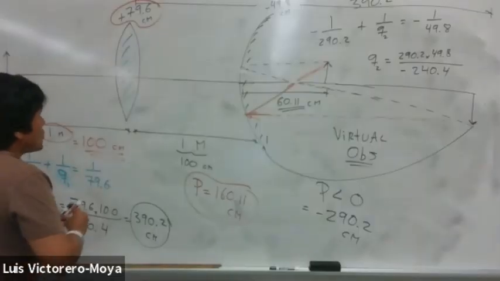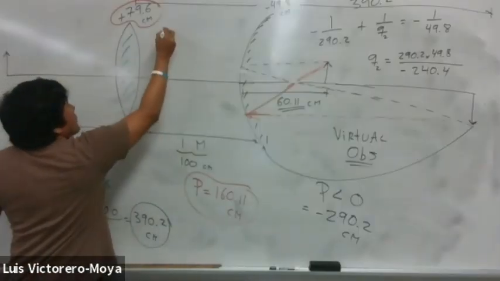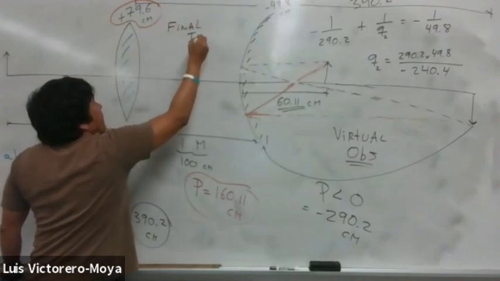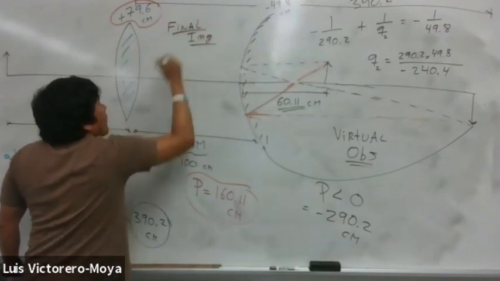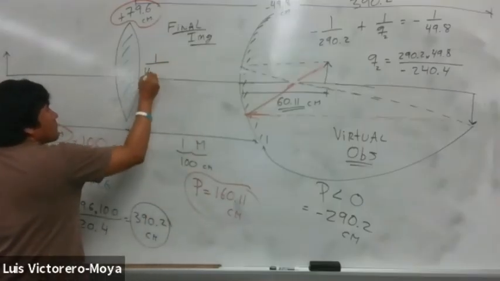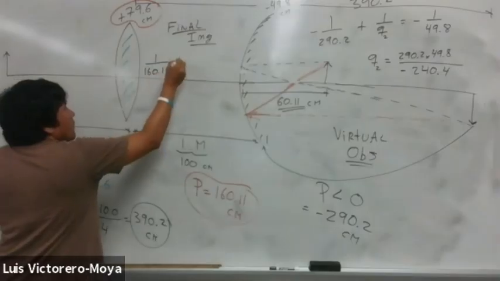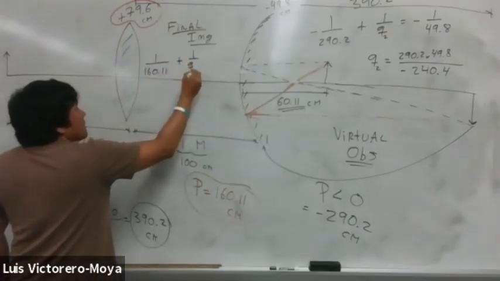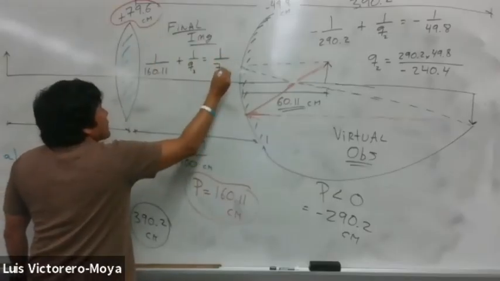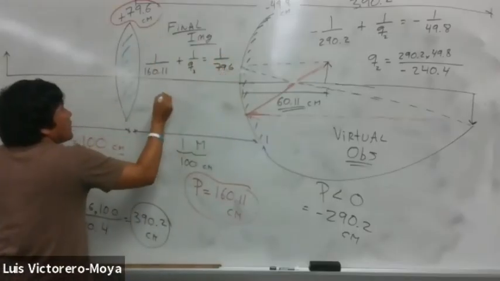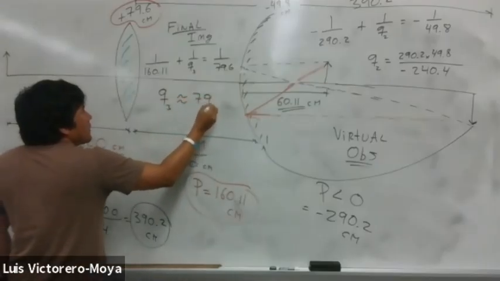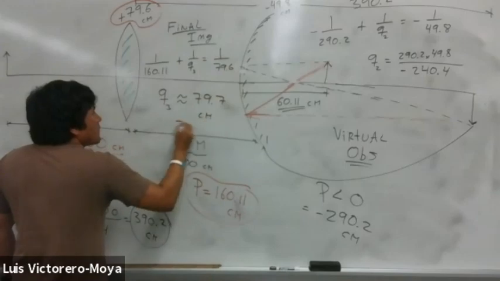So the final image will be located where? 1 over this plus 1 over Q3 now, the final one, is equal to 1 over 79.6. This should be approximately 79.7 centimeters.